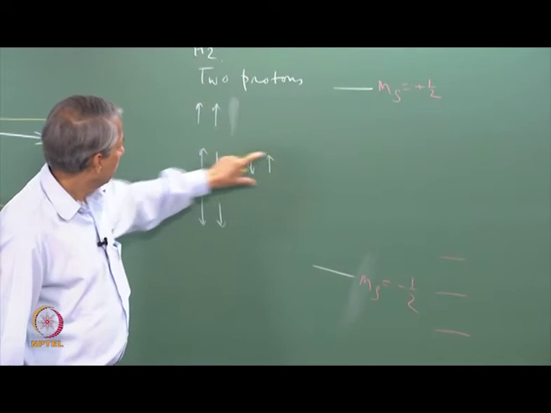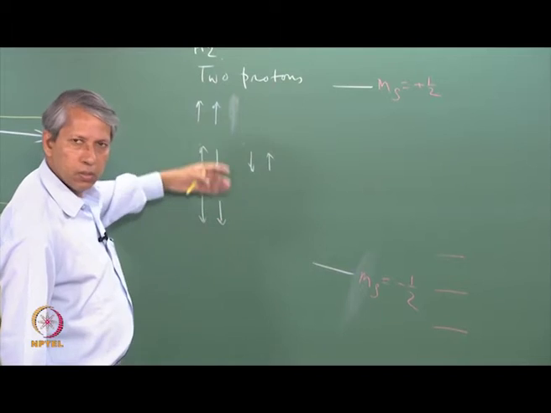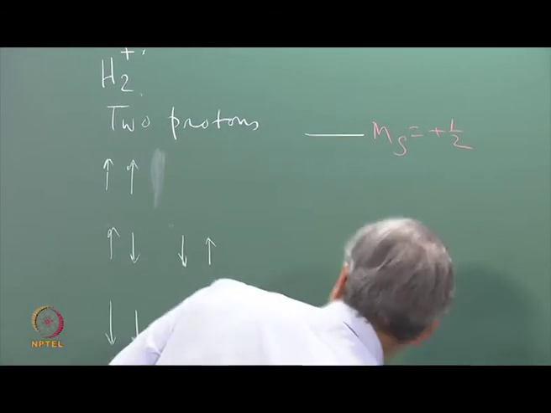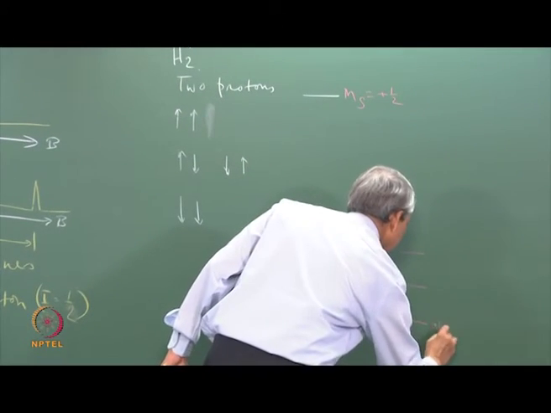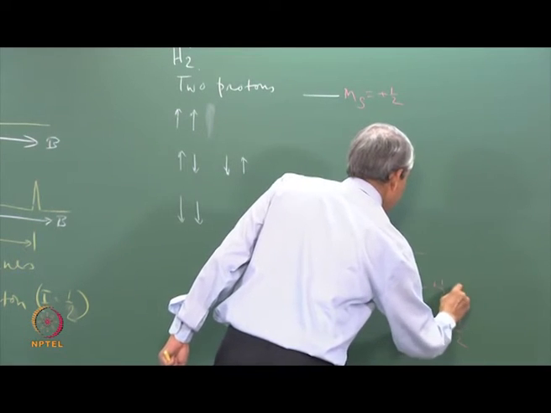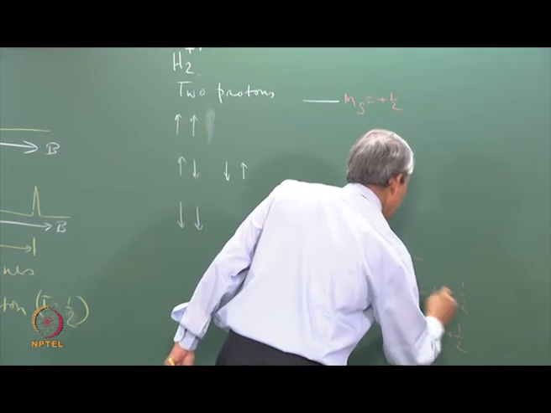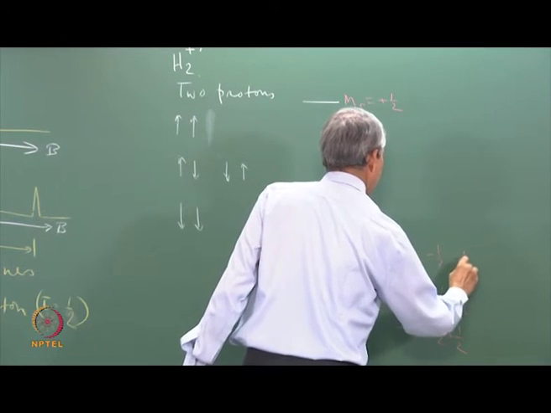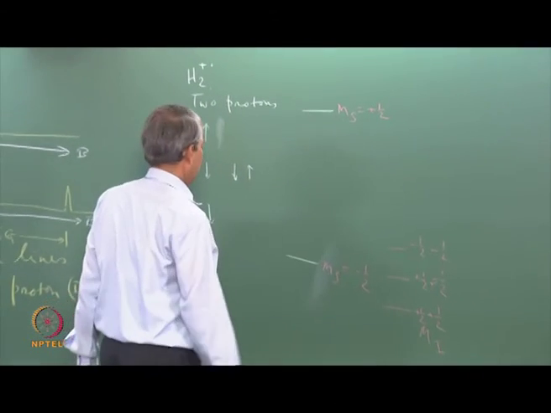So, the net local magnetic field due to this combination will be 0. Here it will be higher, this will be lower, or this will be lower, or this could be higher. So, let us write in this fashion that the total spin of nuclei could be plus half, minus half; these are the possible mI components there.